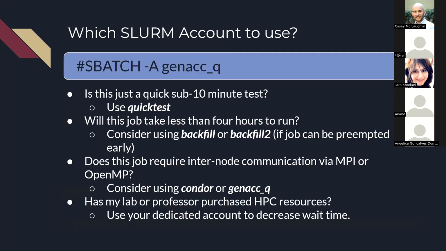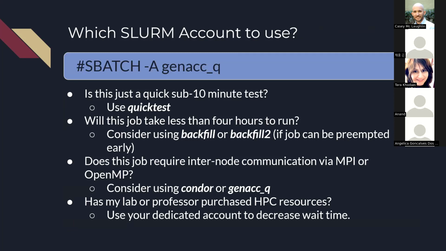So I delved into what's the best Slurm account to use for your job. For example, if you just want to check and see if something works, you can use quick test, and it immediately cancels because it's only 10 minutes.